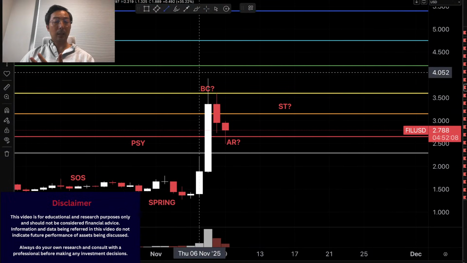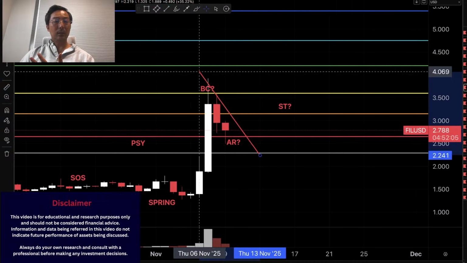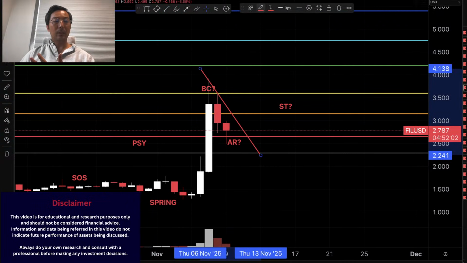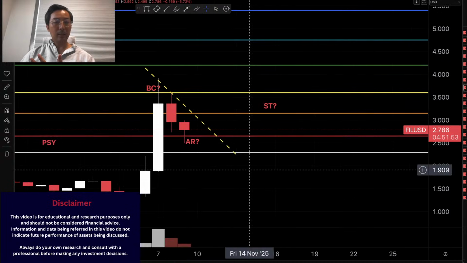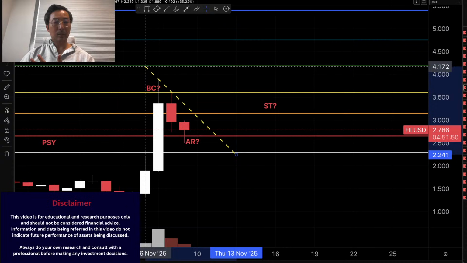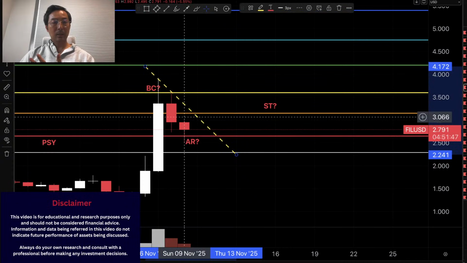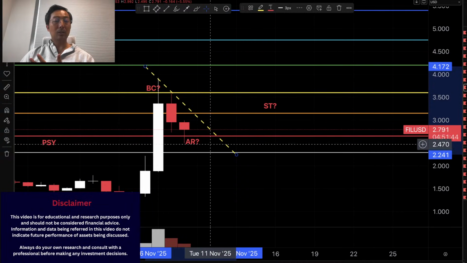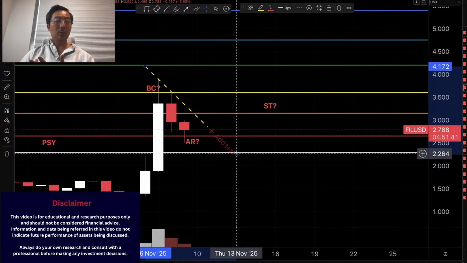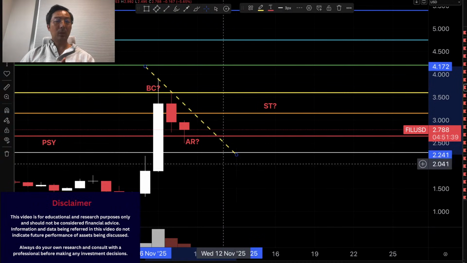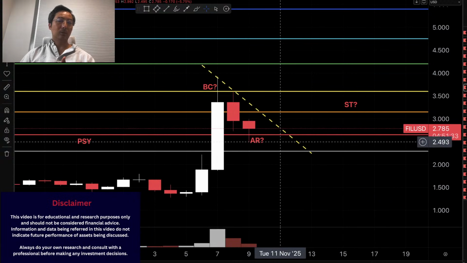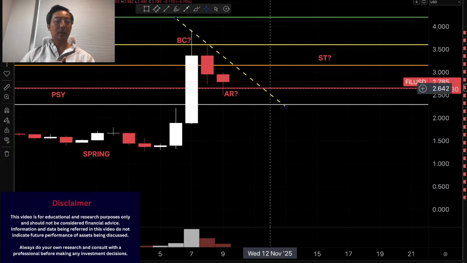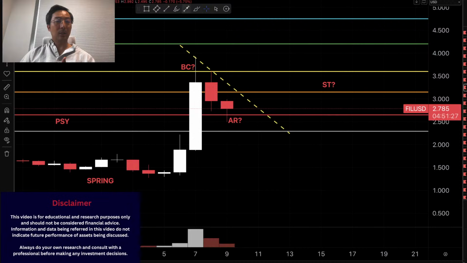If I really have to draw a line, which is pretty wild guess, so if that really is such a line, resistant line over here, coming down from the buying climax, and for the subsequent days, the price continues to trade towards this side. And eventually when we get to sometime near November 12th or 13th, so just a few days later, it may come down breaking the white again, or like I said, it's going to trade sideways.